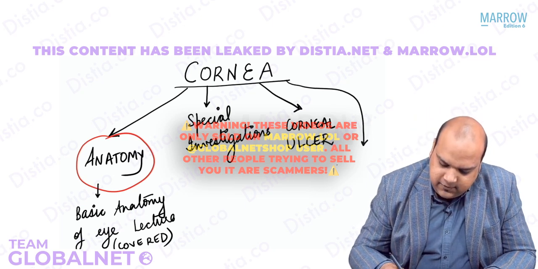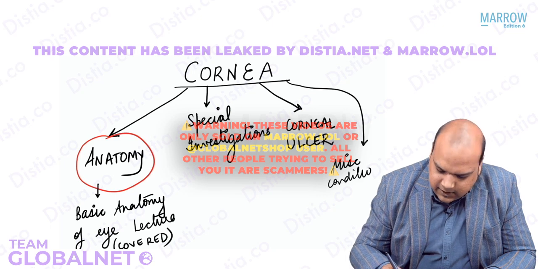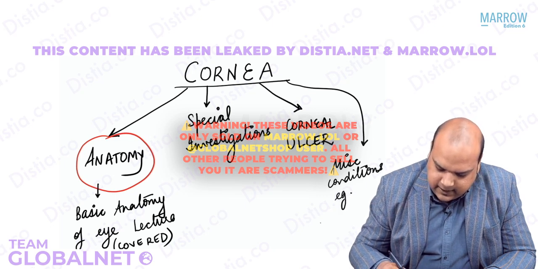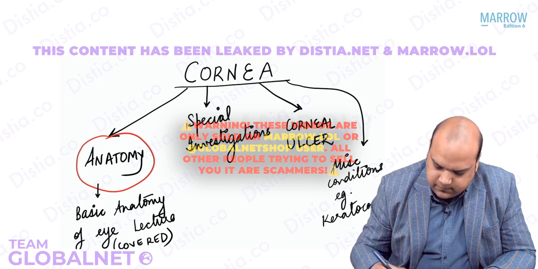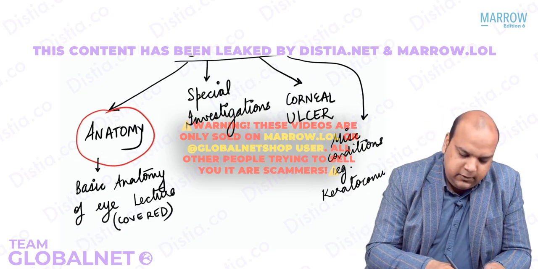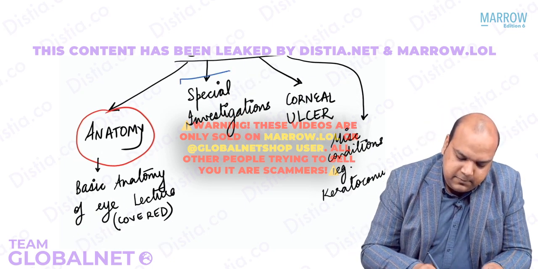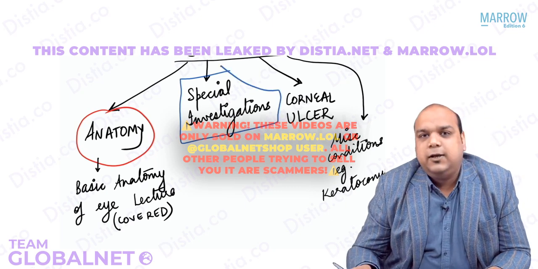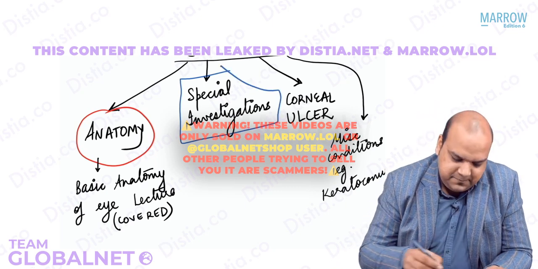And lastly, we will cover some miscellaneous conditions or other pathologies, like keratoconus, etc. Okay, guys. So this is the way we will divide cornea and we will study. Part 1 already done. So let's start with special investigations of the cornea. That is part 2 here in this lecture.